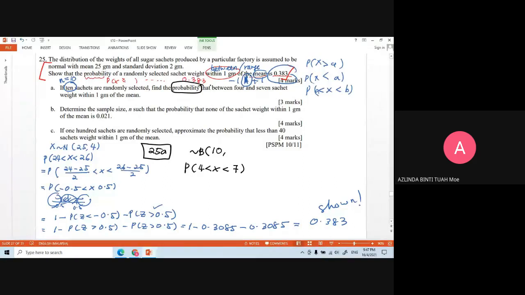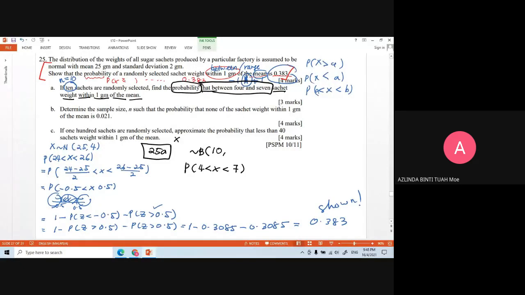Okay, dah nampak nombor dan dah nampak inequality sign, dah boleh tutup kurungan. Ayat selepas tutupnya kurungan ni menunjukkan event. So apa event kita? Sachet weight within 1 gram of the mean.